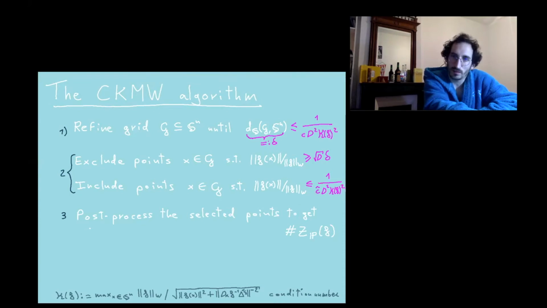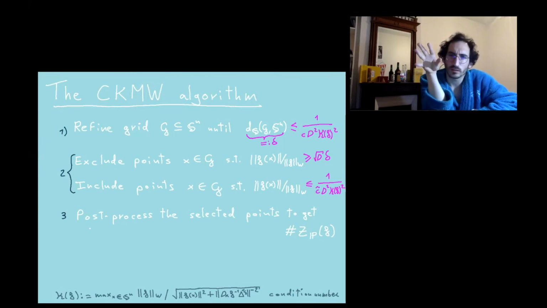So now let's make this a little bit more concrete. Let's call delta the Hausdorff distance between the grid and the sphere. We want this to be smaller than 1 over kappa squared, where kappa is the global condition number.